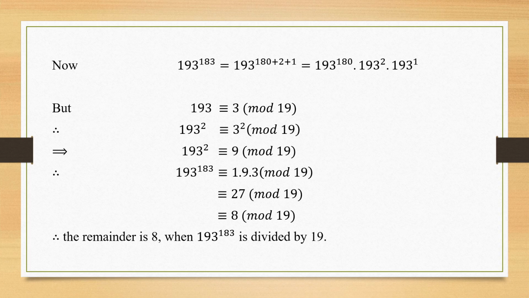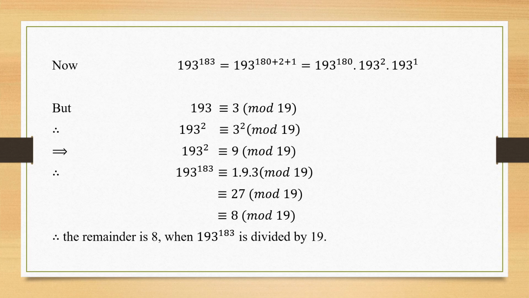When the bases are the same, we can split up the powers. So it can be split as 193 raised to the power of 180 into 193 raised to the power of 2 into 193 raised to the power of 1. Now we already have the value of 193 raised to the power of 180 from the previous slide. The only work is to find 193 raised to the power of 1 and 193 raised to the power of 2. The better option is to start with 1.